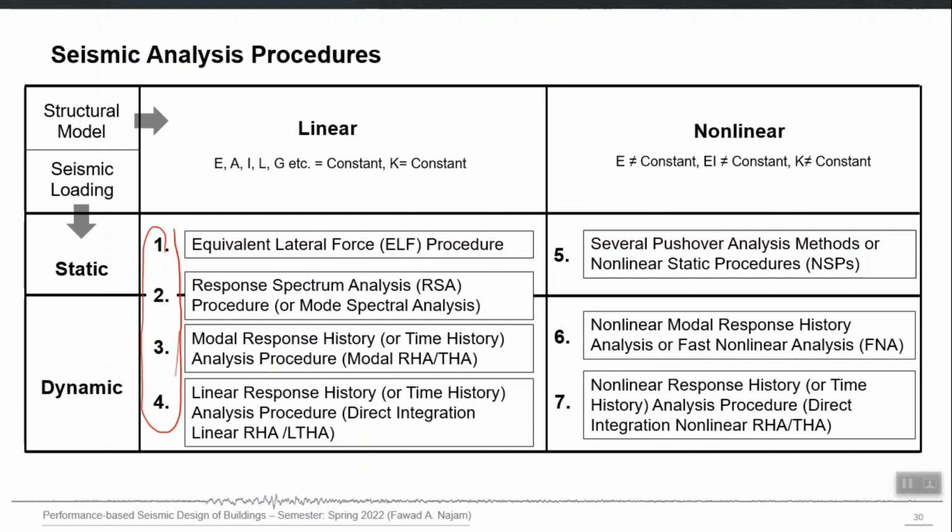So how can we allow them to go in nonlinear range or safe nonlinear range? By providing a capacity which is lesser than what is required, right. So we divide the elastic force demands produced by the applied loading by a reduction factor called R factor or response modification factor.